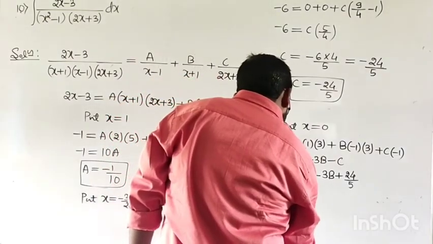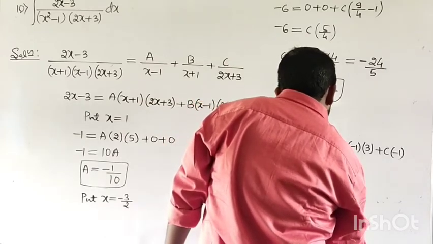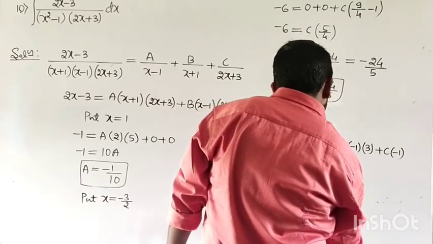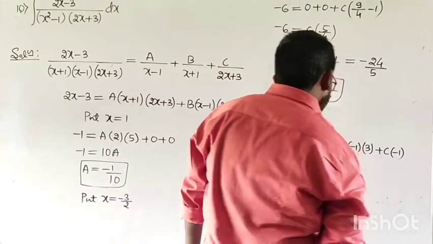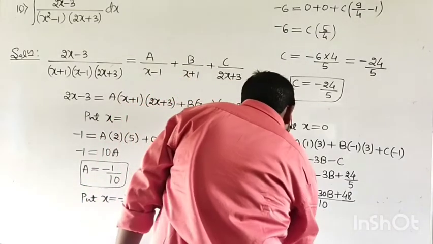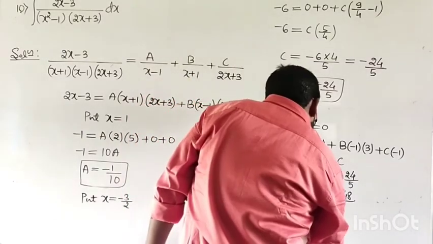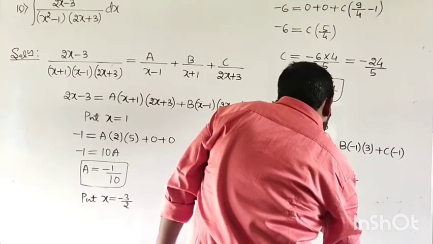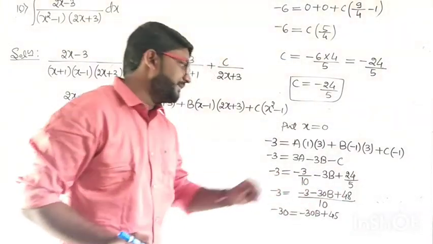So minus 3 is equal to 10 minus 3, then minus 30B plus 48. So let us simplify this. Take 10 to the LHS, it becomes minus 30, which is equal to minus 30B plus 45. 48 minus 3 will be 45.